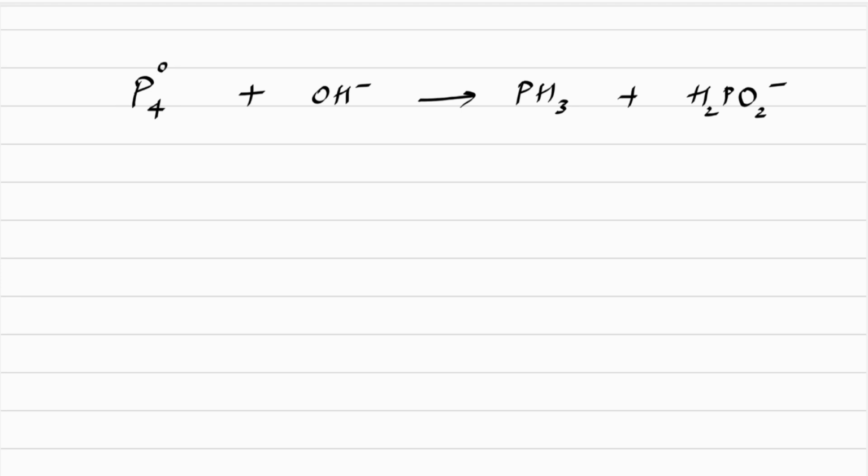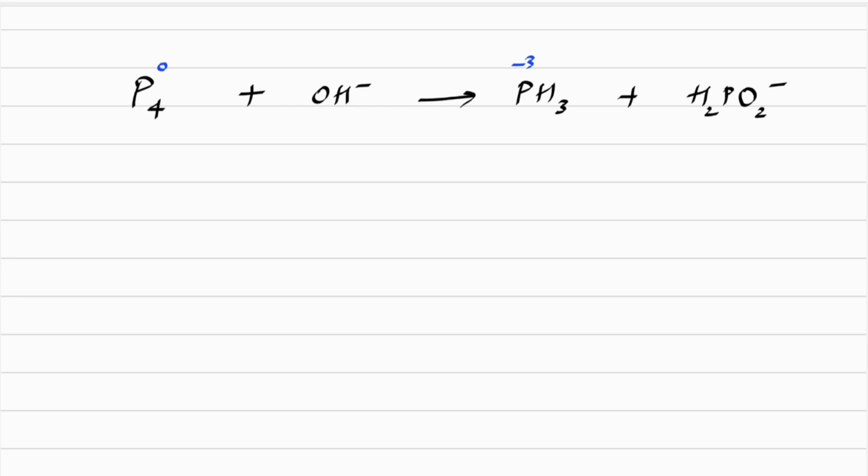So oxidation number here would be 0. Let me just write the oxidation number in a different color. Okay, so oxidation number of phosphorus here is 0. Here in this compound, it's going to be -3, because oxidation number of hydrogen is +1, that makes phosphorus -3.